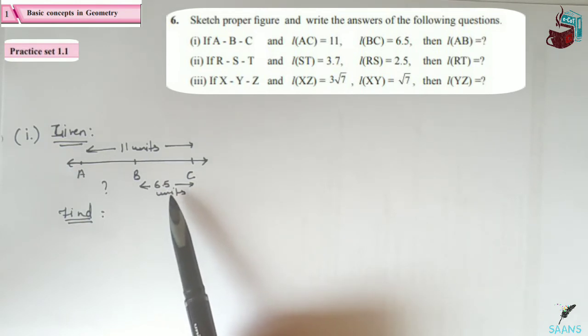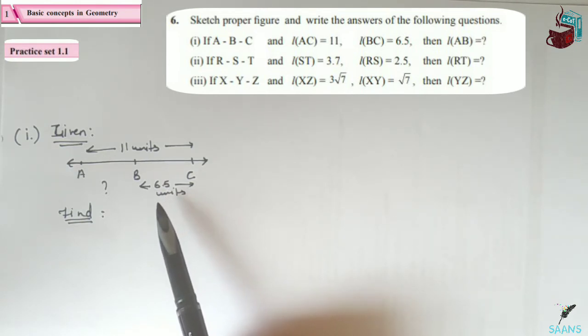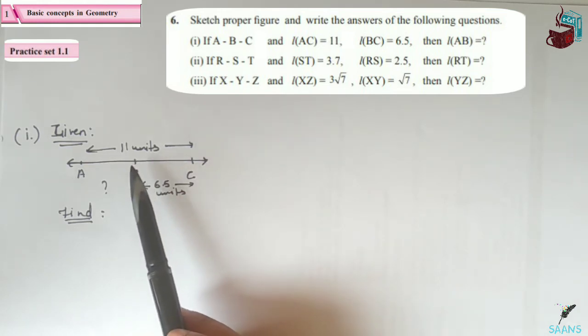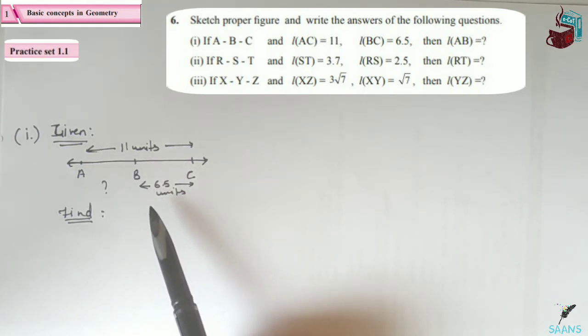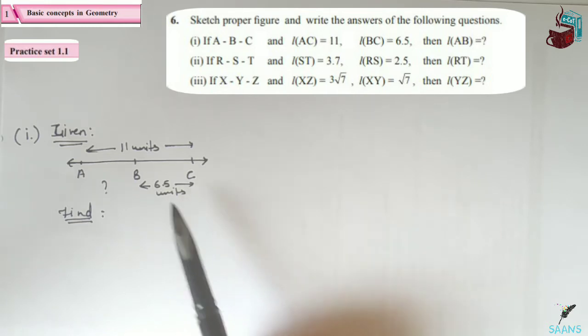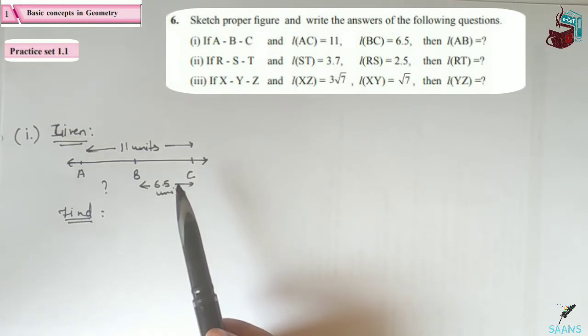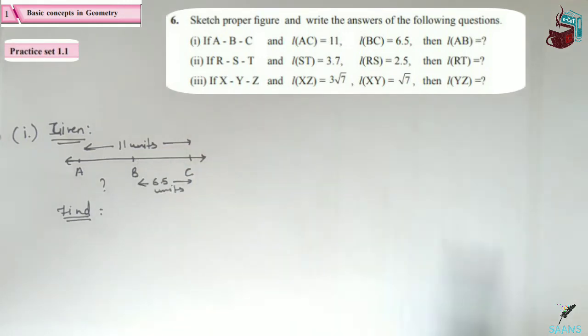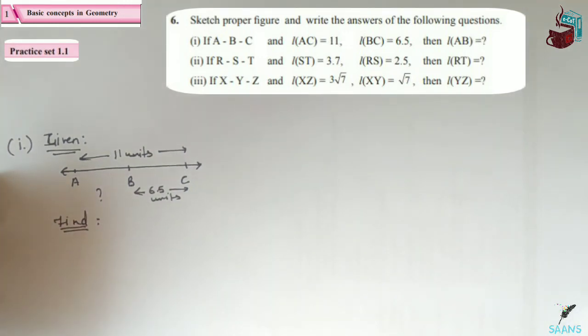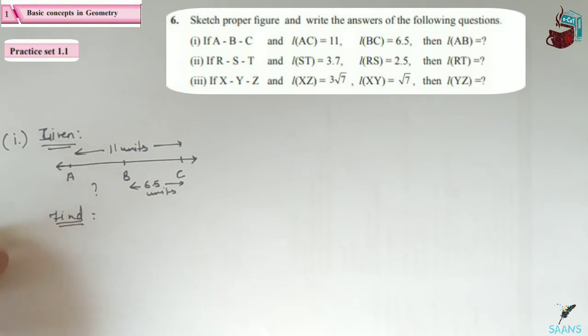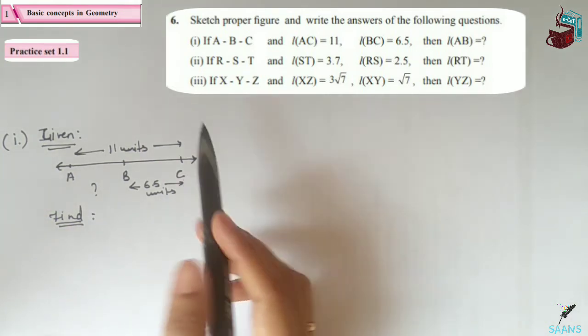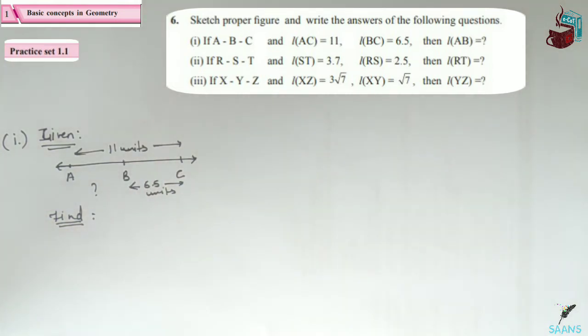If you are having difficulty subtracting a decimal from a whole number, please go to our channel, where there is a chapter series called Nuts and Bolts. In that we have covered the basics, so you can go there and see operations on decimal numbers.